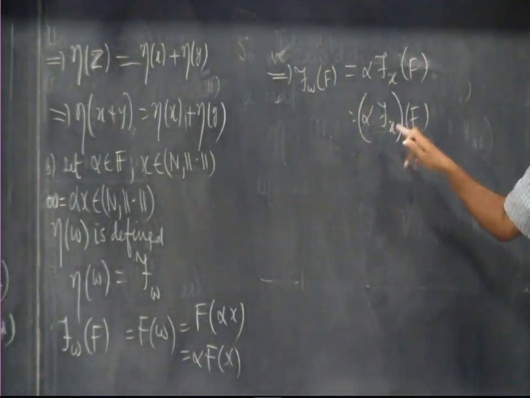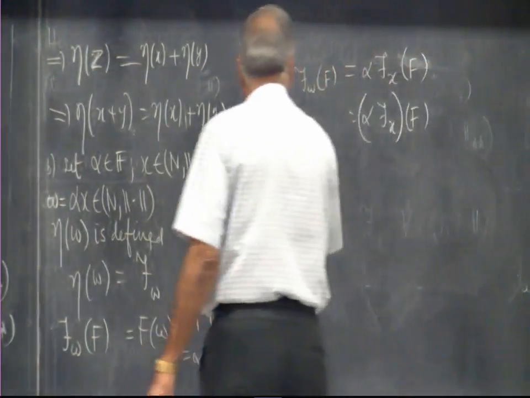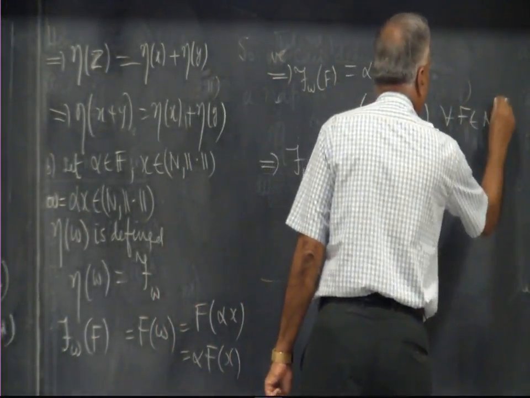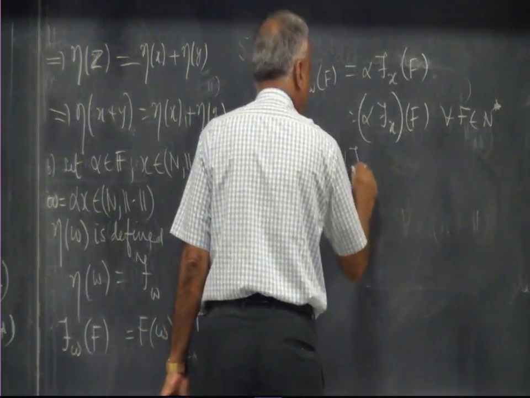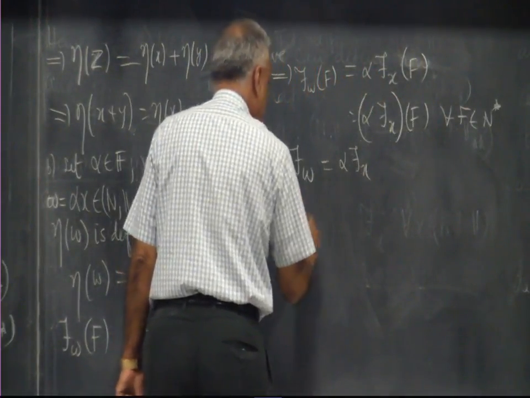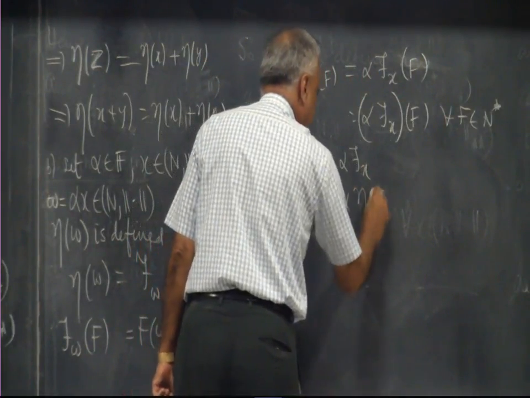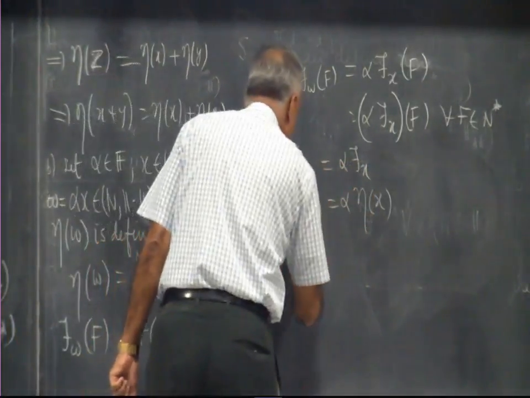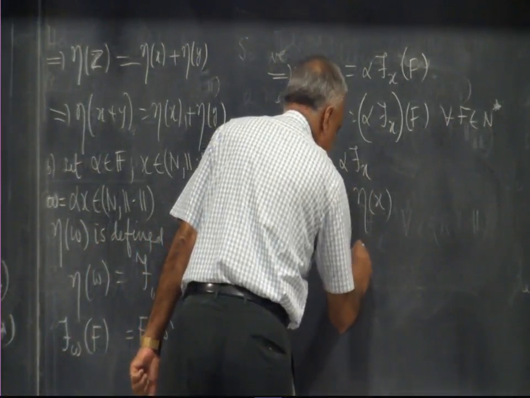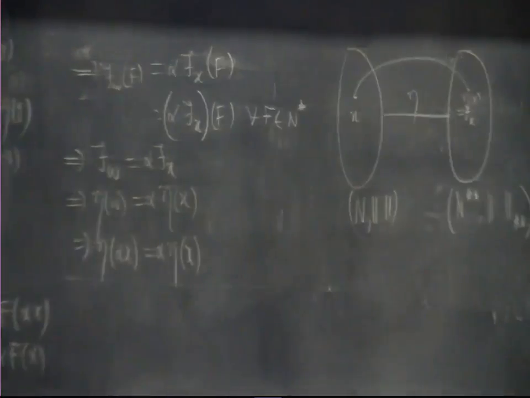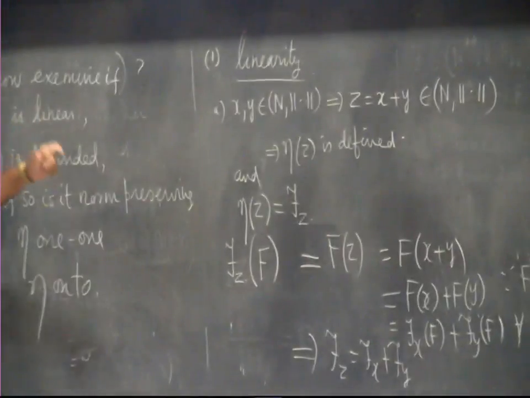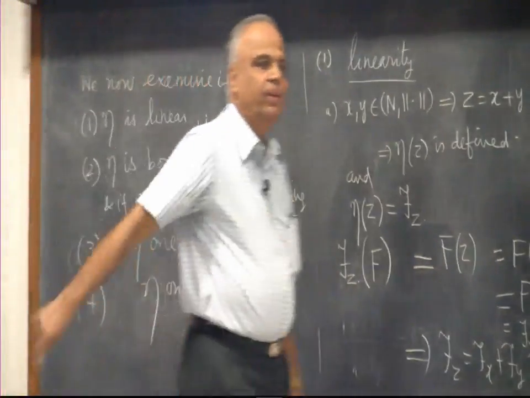So again, this action is the same as this action, and this is true for every f in n star, and therefore fw is alpha fx, which implies eta of w is alpha eta of x. But w is alpha x, so eta of alpha x is alpha eta of x. So therefore we have verified that eta preserves addition, eta preserves scalar multiplication, therefore eta is linear.